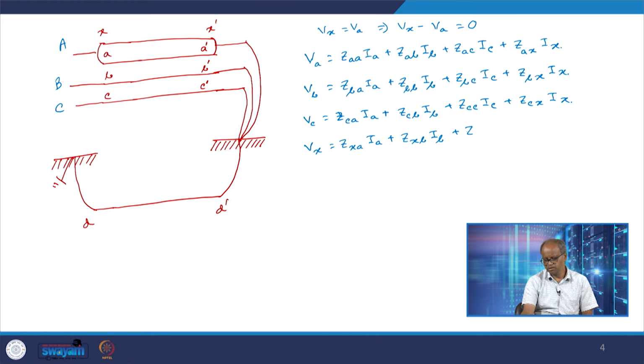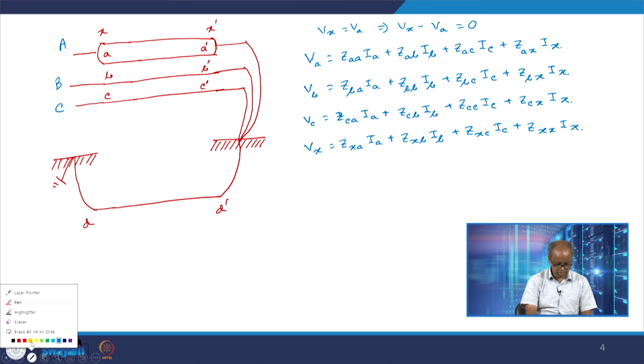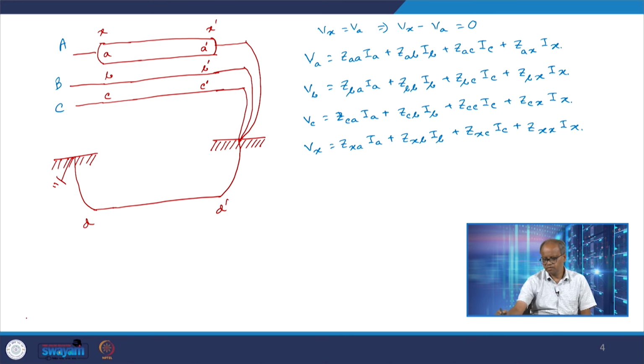So these are the equations. I can say these are equation 1, 2, 3 and let us say 4.